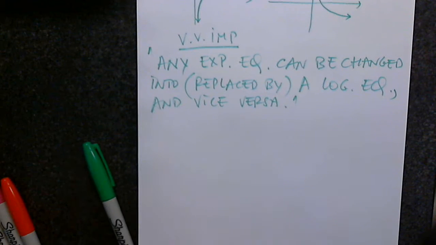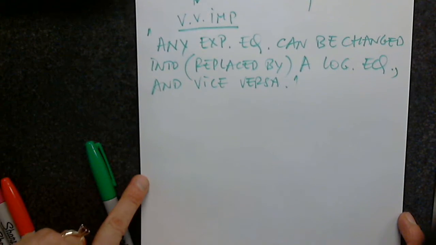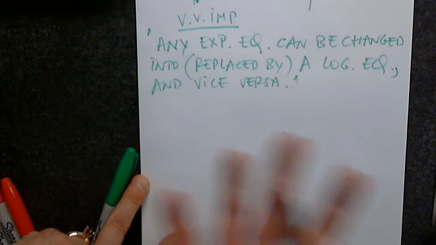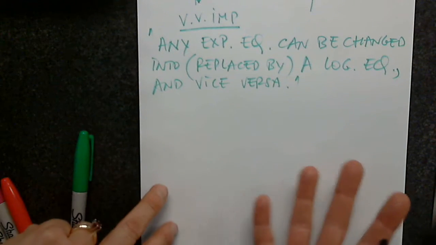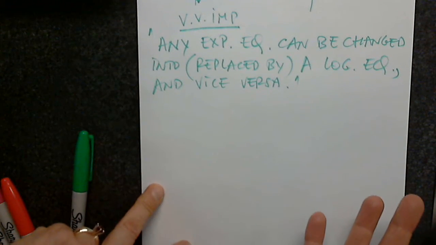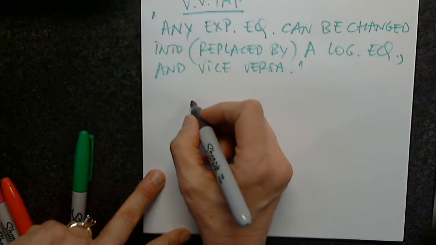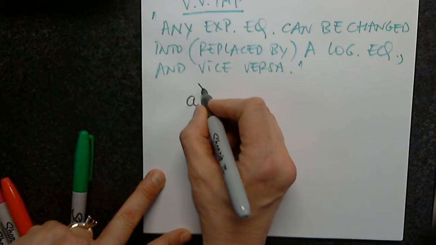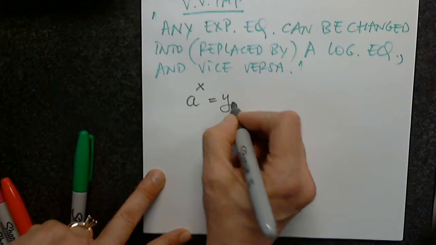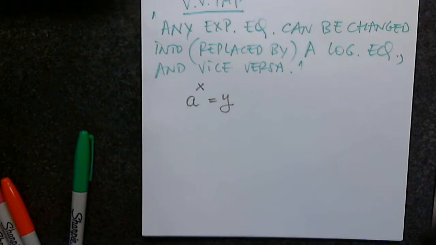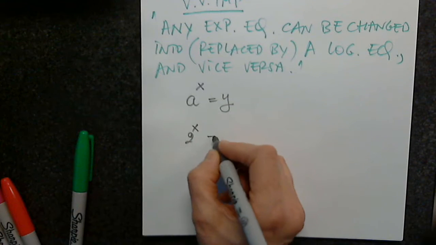So here it is. How we write this in math, because this is just English, right? Okay. So bear with me and tell me whether a to the x equals y, whether this is an exponential equation. a is the base, y is the output, whatever you wanted it to be. So in other words, an example of this will be 2 to the x equals 4.